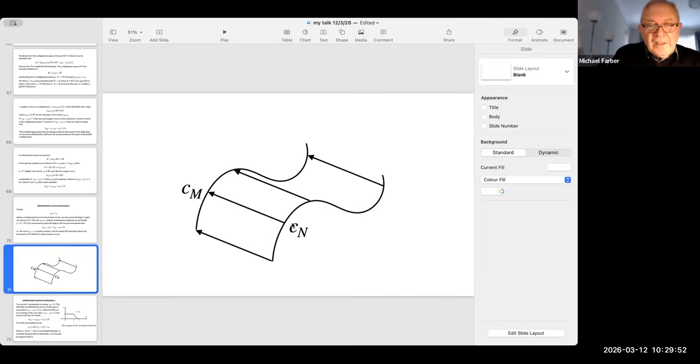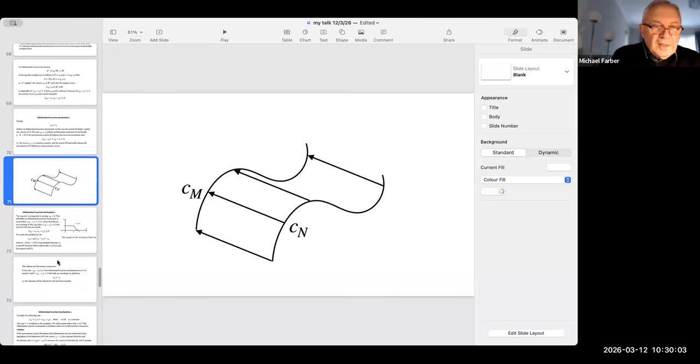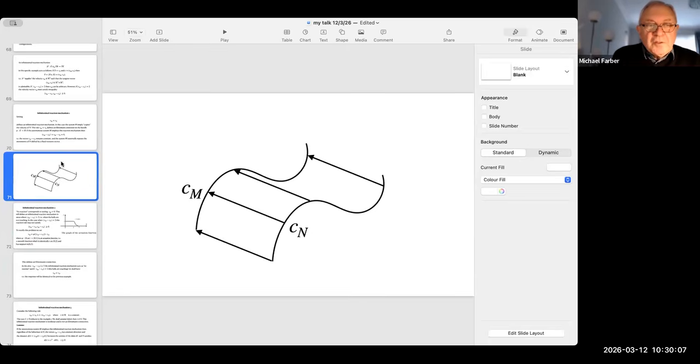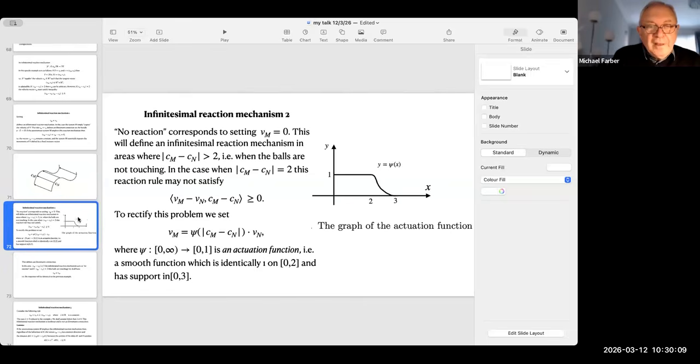In this case, if he's moving along some curve, I will just move in a parallel fashion. I will just copy his movement. This is actually an Ehresmann connection. This is linear.